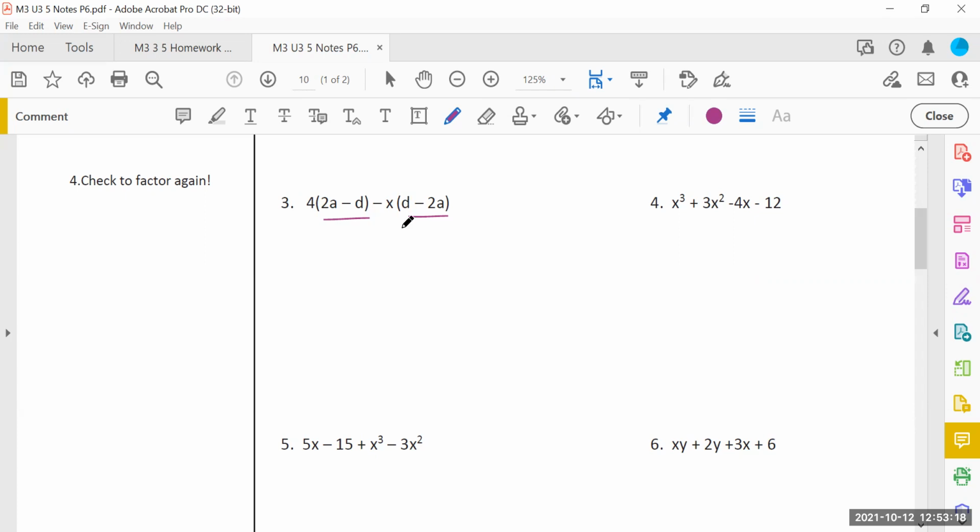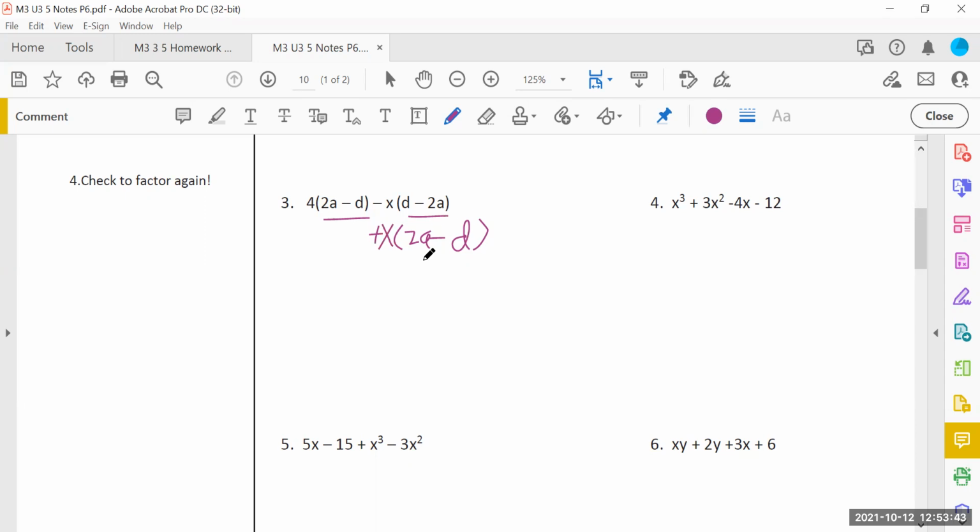I can take a negative out there. The opposite of d would be negative d. The opposite of 2a would be positive 2a. So I took that negative out, and then I have to put it somewhere. I'm going to put it on the outside with that negative x that was already multiplied by it. So what's a negative times a negative x? A positive x.